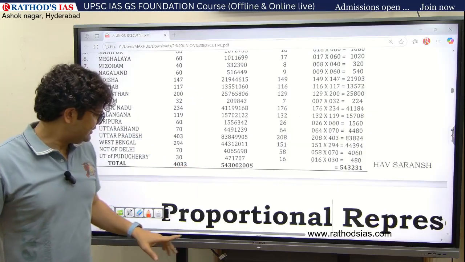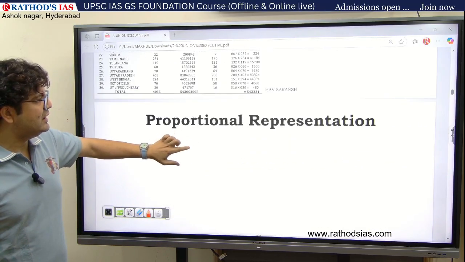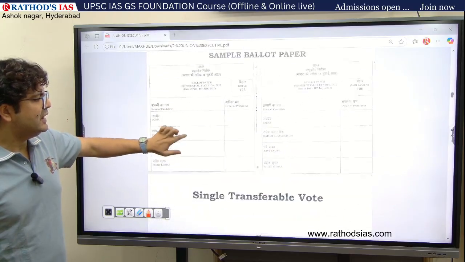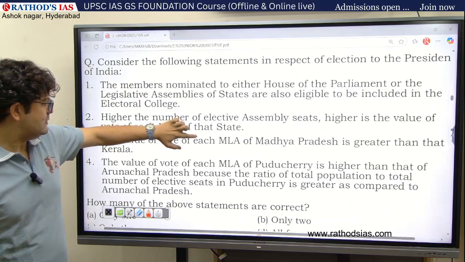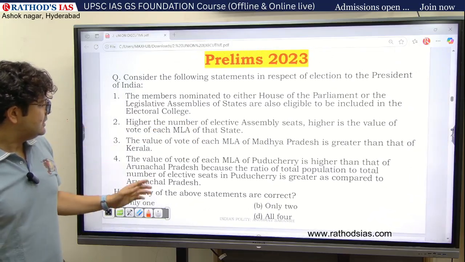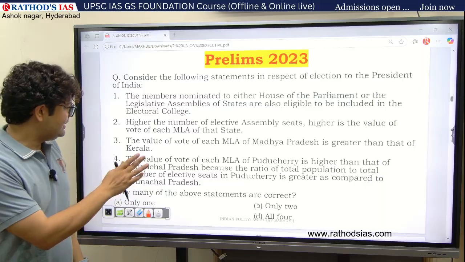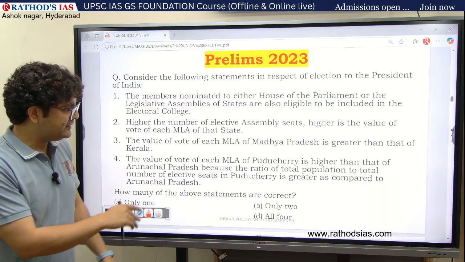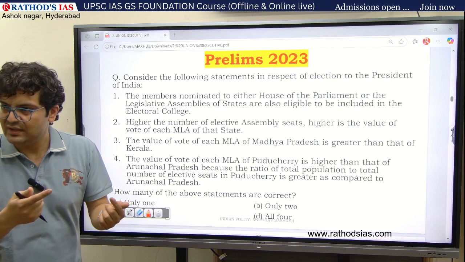Right? So this actually makes the last statement absolutely correct. Let's read this now with the fact that we have. The value of vote of each MLA of Pondicherry is higher than that of Arunachal because the ratio of population to number of seats in Pondicherry is higher.